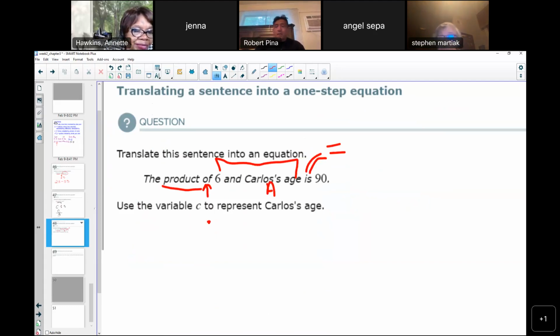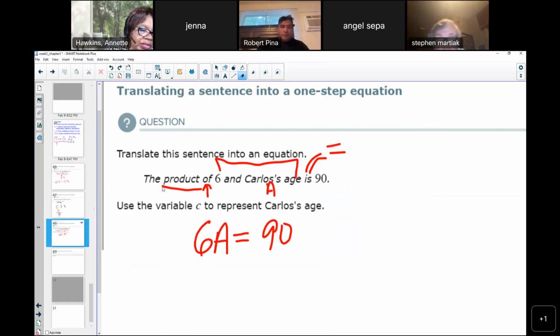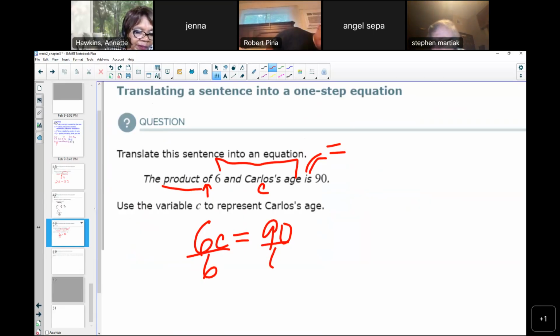So I have 6A equals 90. When I say use C, I'll use C. 6C equals 90. Okay? And if we wanted to find the answer, we would divide by 6, and we get 15.